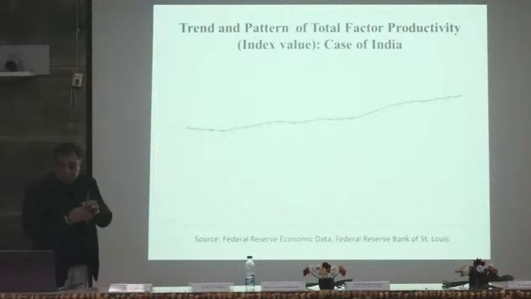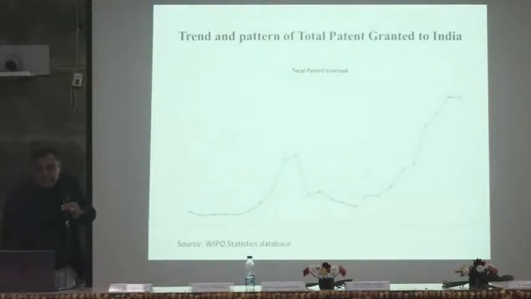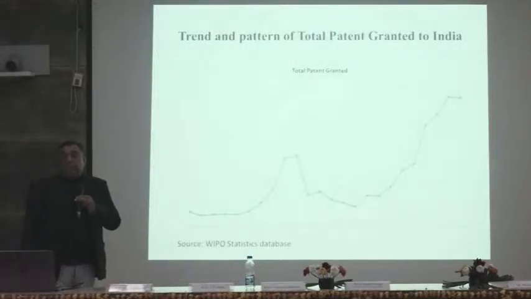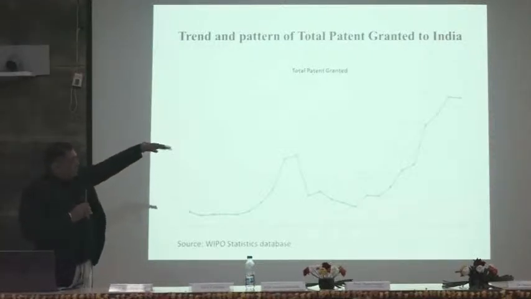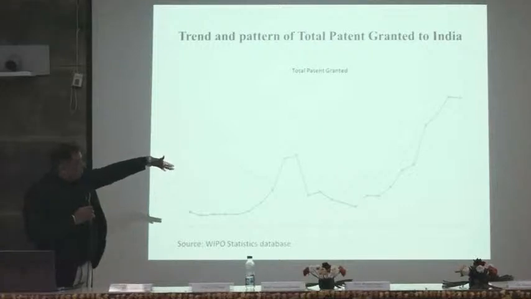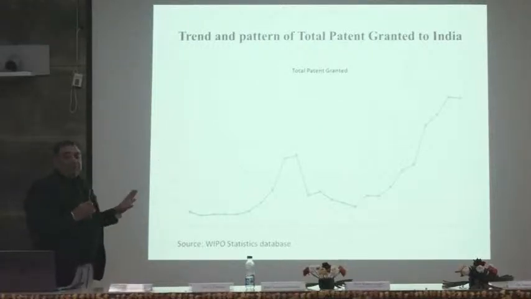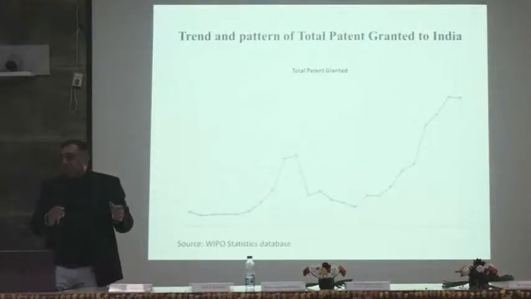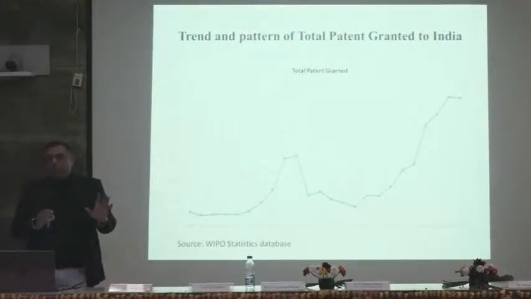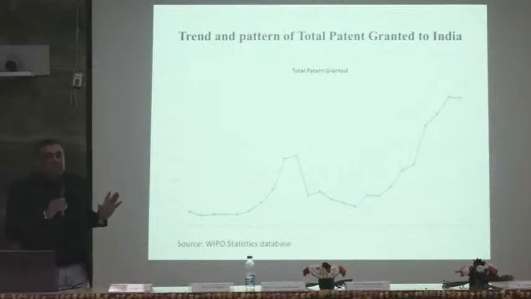This is the trend and pattern of total patents granted to India. You can see it is increasing from 2014, but when you compare this data with other countries like China and the USA, you will find we are lagging behind and we need to think more.